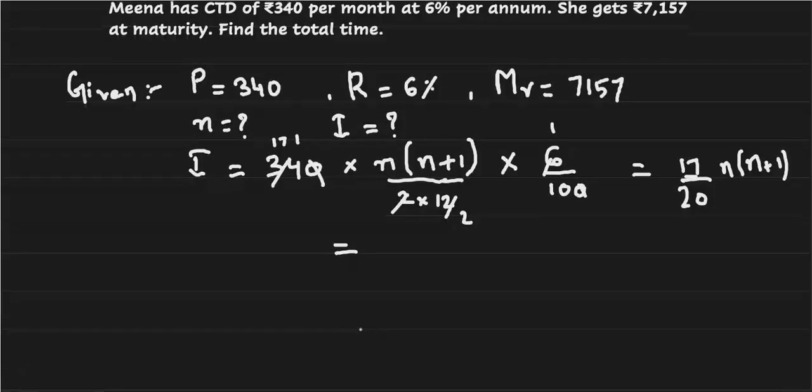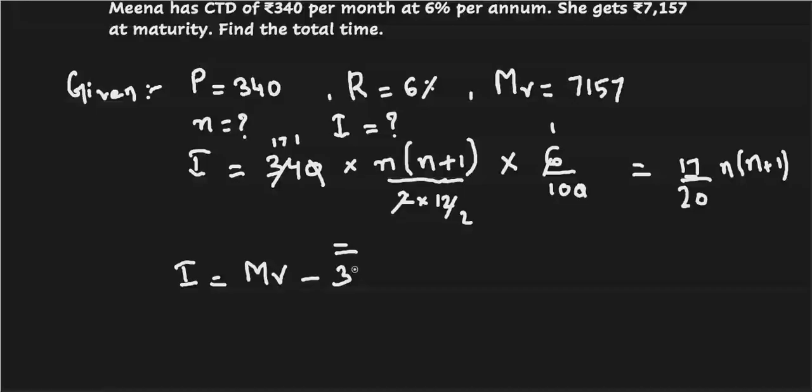One more formula we have to find I. What is that? Maturity value minus the total deposits they have done. Total deposits you will get by P into n, right? 340n. N you don't know, what is the time period? Again you have to write n as it is. So this is interest, and this is also interest. Can we equate both the equations here? Right.